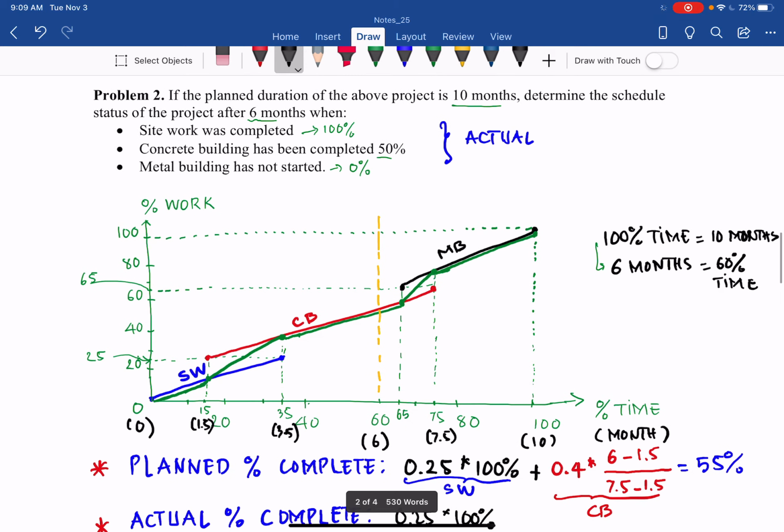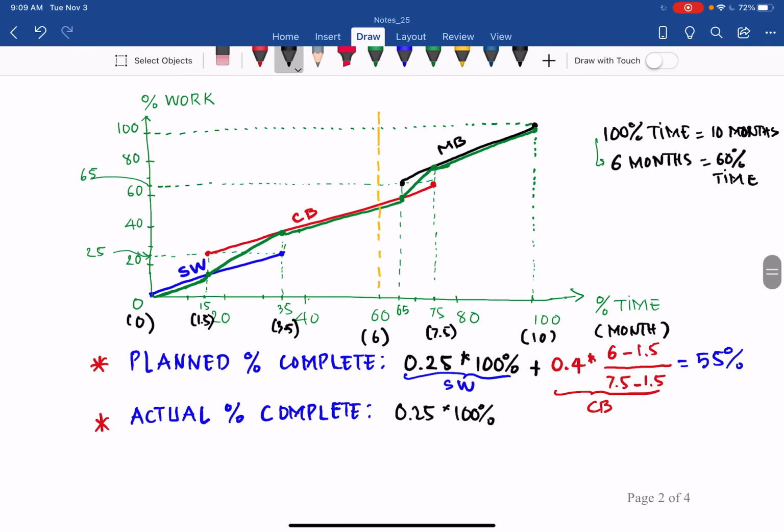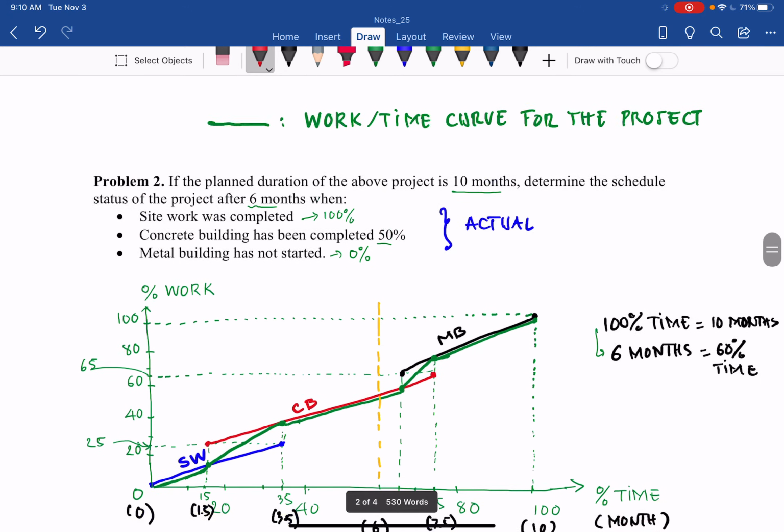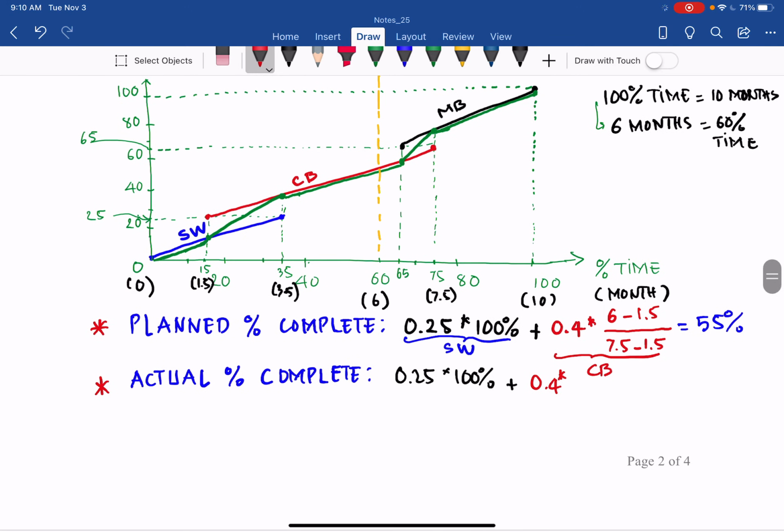And the concrete building has been completed 50%, so plus the total effort of the concrete building 0.4 times 50% actual complete.